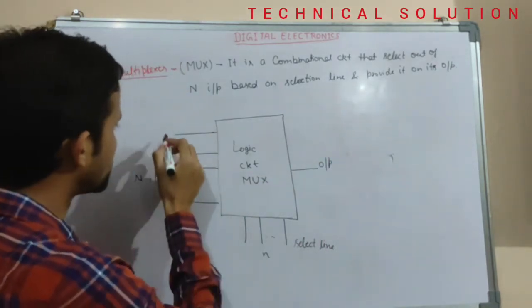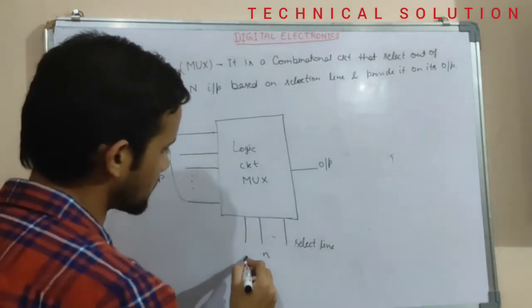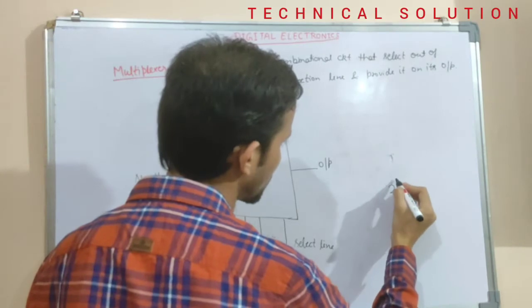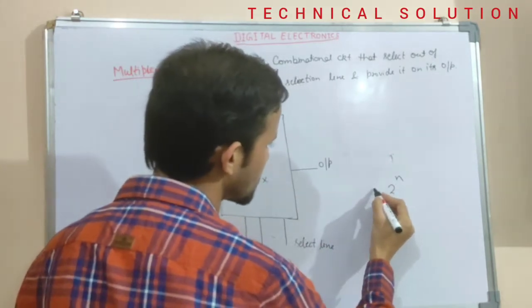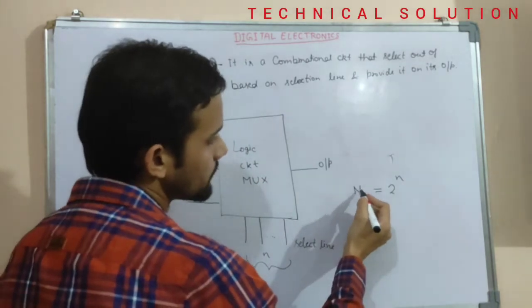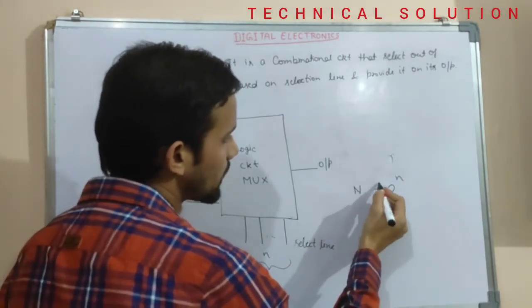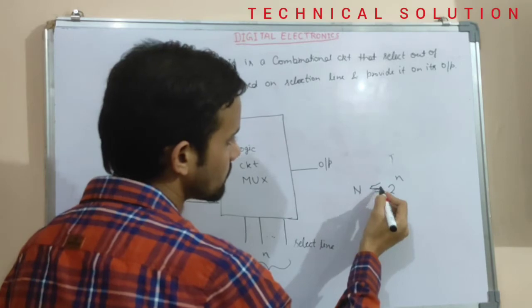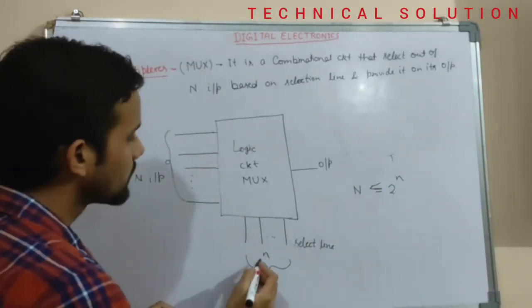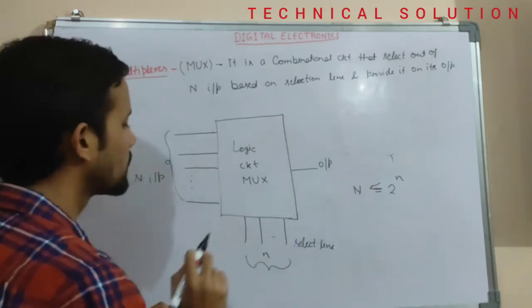The relation between this input and this selection line is given by 2 to the power n. The number of inputs is either equal to 2 to the power n or less than 2 to the power n.